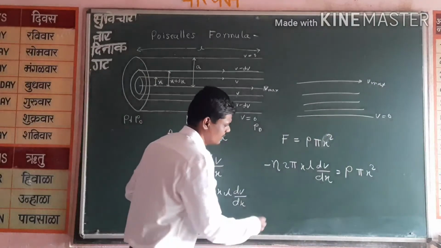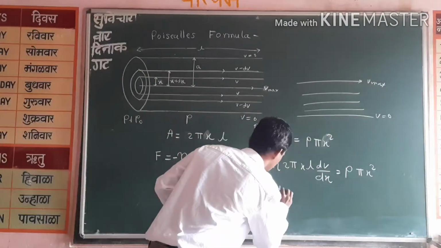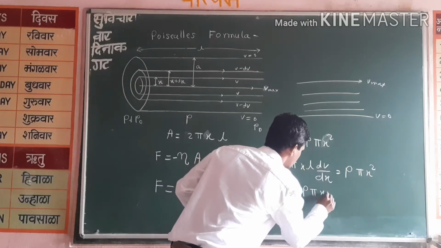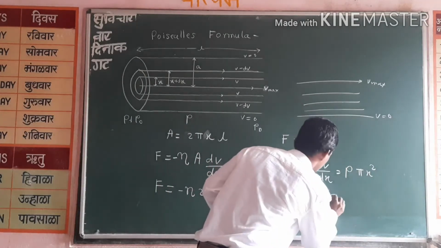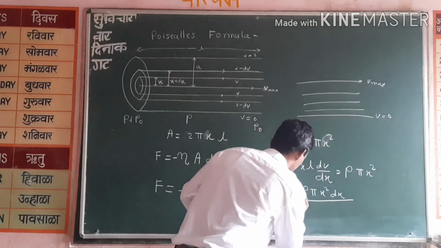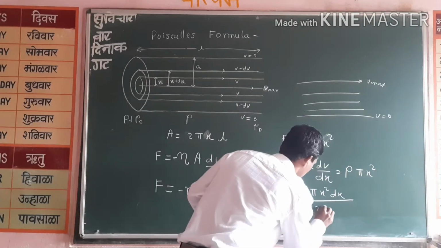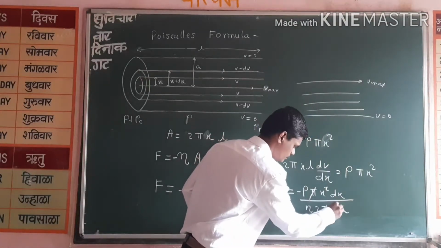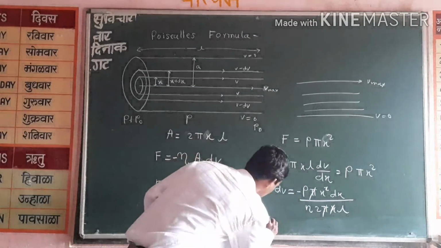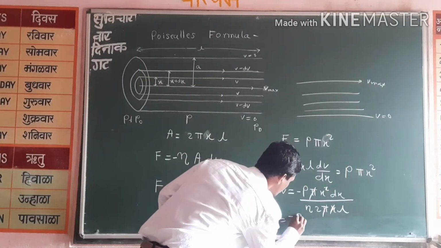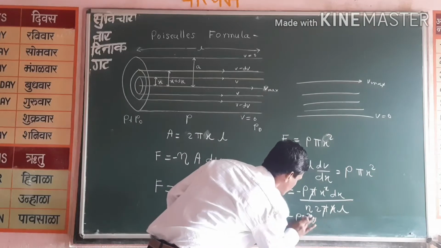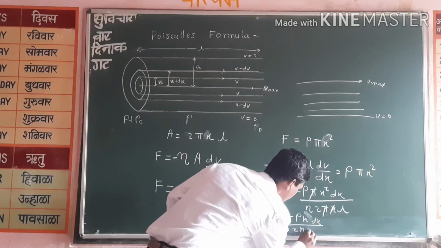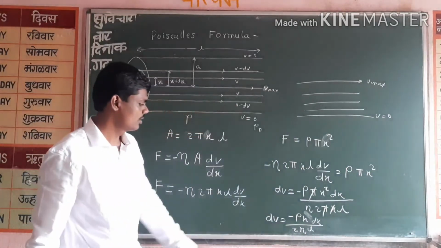Now rearranging, dv is equal to P pi x square dx divided by minus eta 2 pi x L. Just cancel these out and we get dv equals minus P x dx by 2 eta L. So this is dv.